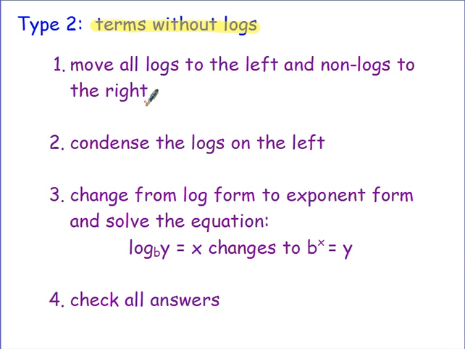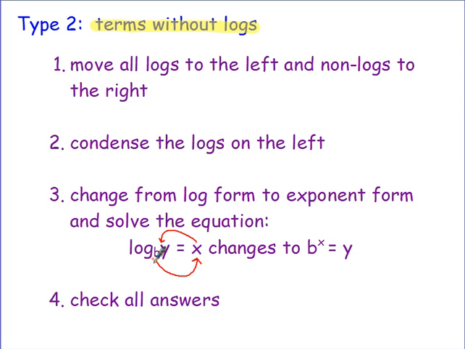Then condense the logs on the left. Sometimes that may not apply. Then we're going to do some changing that we've seen before. We're going to change from log form to exponent form and solve. So this is what it's going to look like to start with. We're going to use our circle. B circles over to x, and it circles back to y.